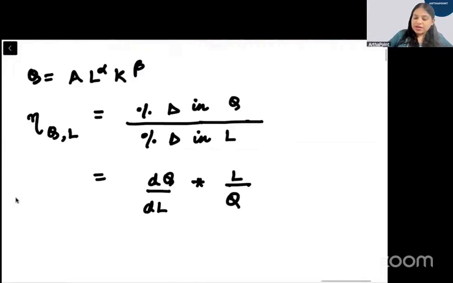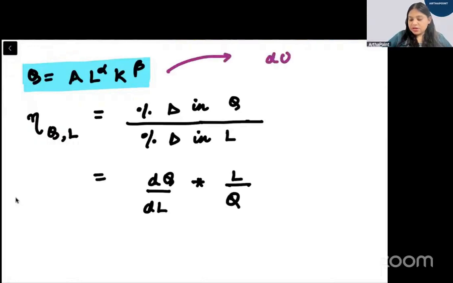So let us differentiate this with respect to labor. It will be a partial differentiation क्योंकि दो inputs हैं, so I can write del here.